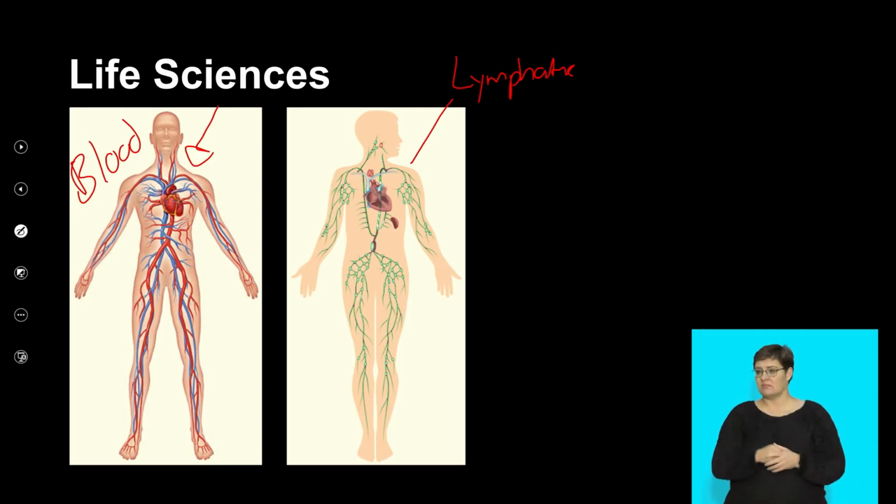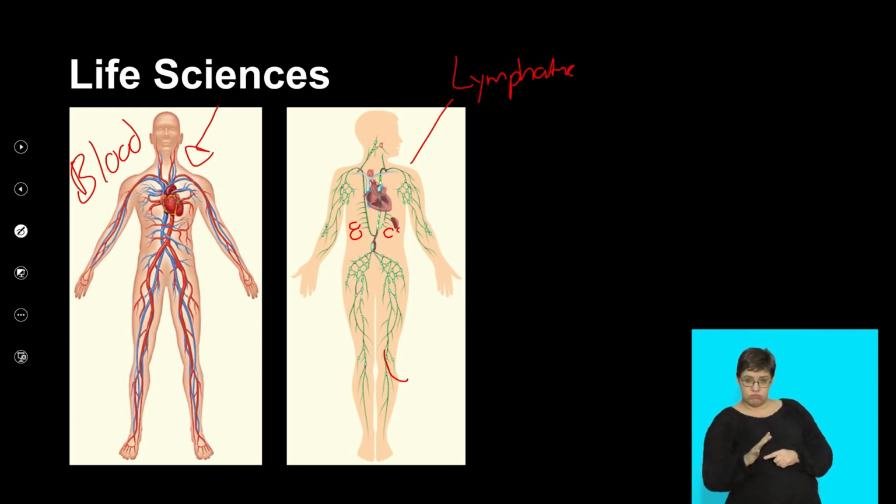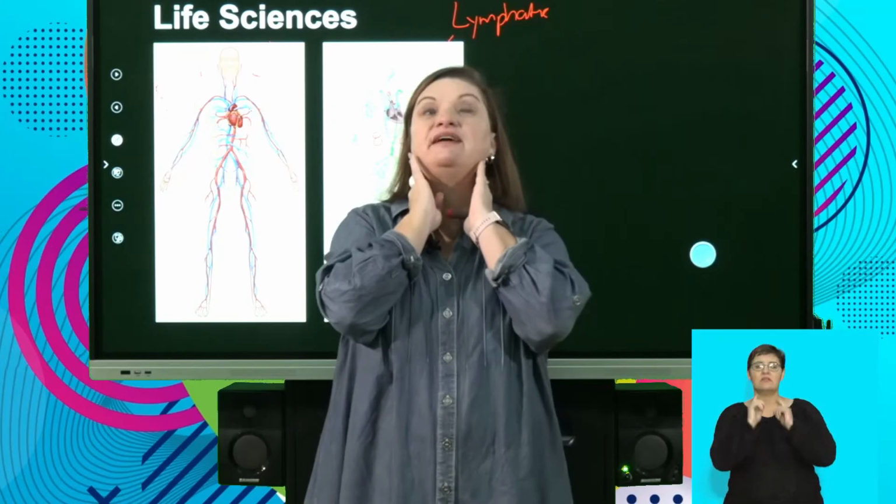In our lymphatic system, we don't have that. They just start somewhere. Lymph is going to move into these parts, and you're going to have glands. You'll see later, for example, lymph glands over here, lymph glands underneath your arm.